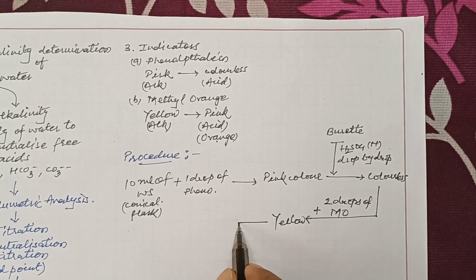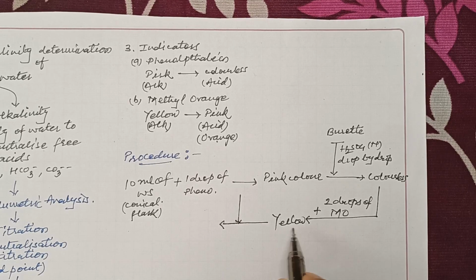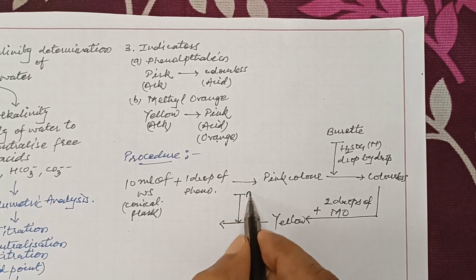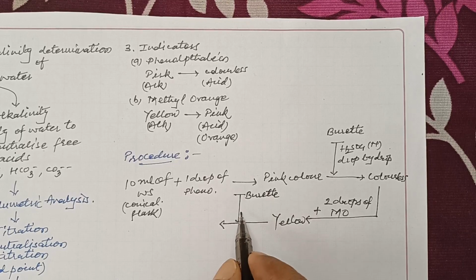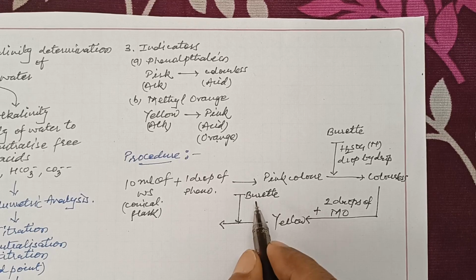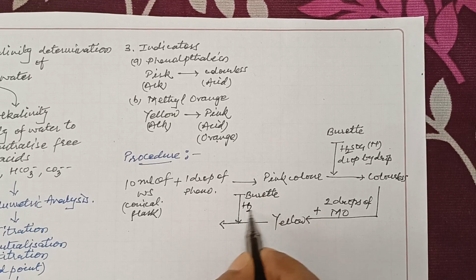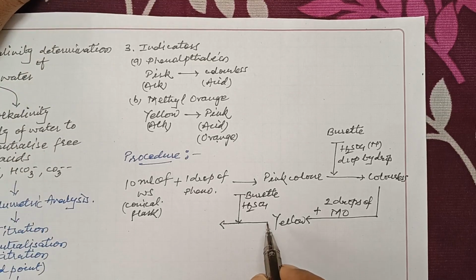Now put once again the conical flask in which yellow color has appeared under the nozzle of the burette. We have to use the same burette in which sulfuric acid of known normality is filled.